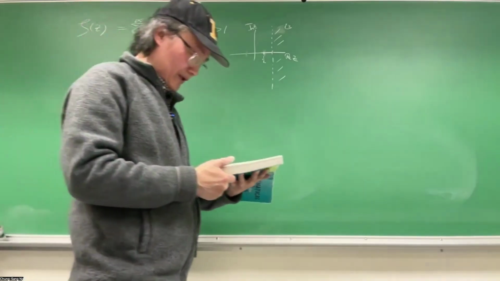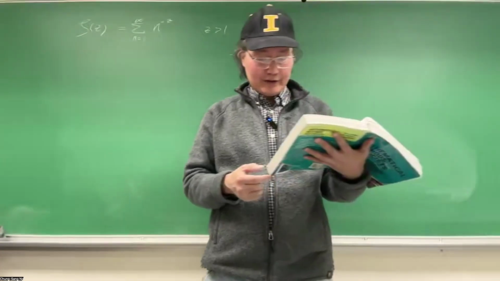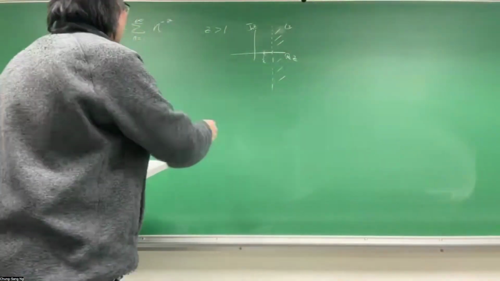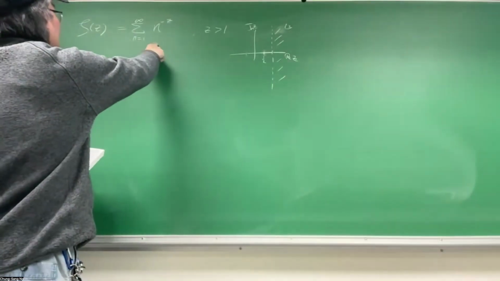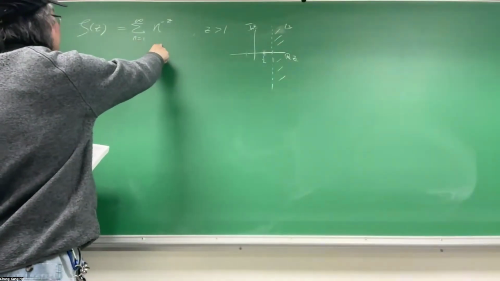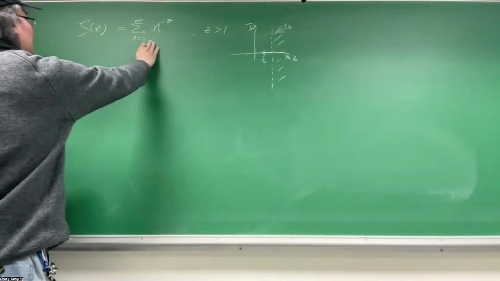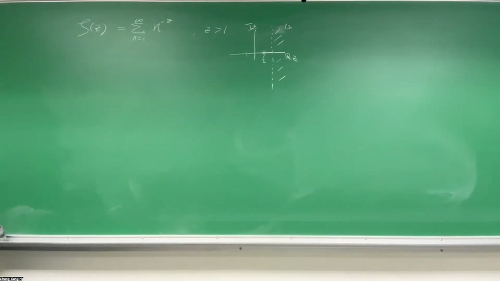There's another topic in chapter 12, the Dirichlet series, and there's another form. This is one Dirichlet series, but you can improve the convergence by doing a trick like that.